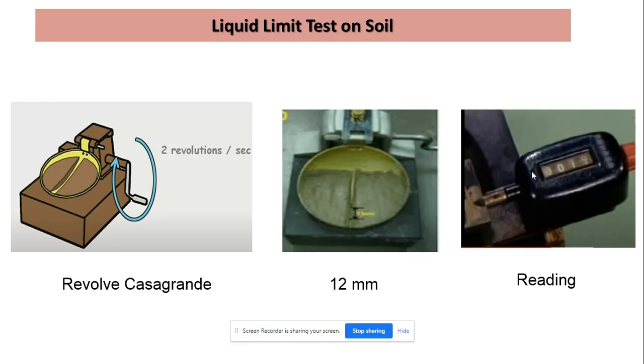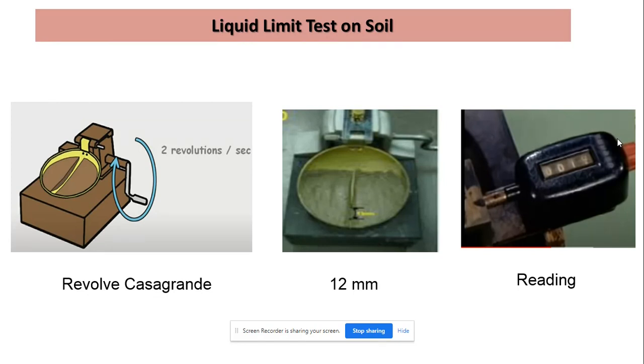So we note two things. One is the water content and the other is the number of revolutions taken for the two soil parts to move together for 12 mm. If the number comes exactly as 25, then that water content is considered as the liquid limit of soil.